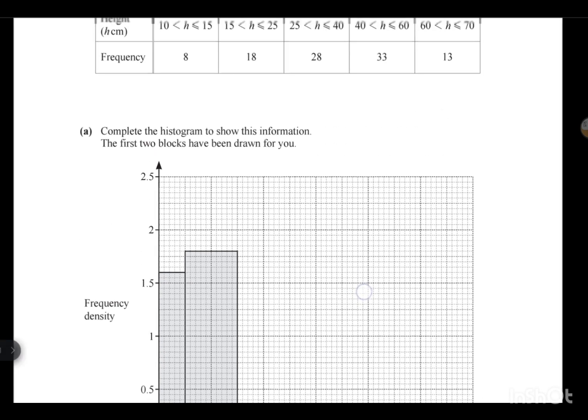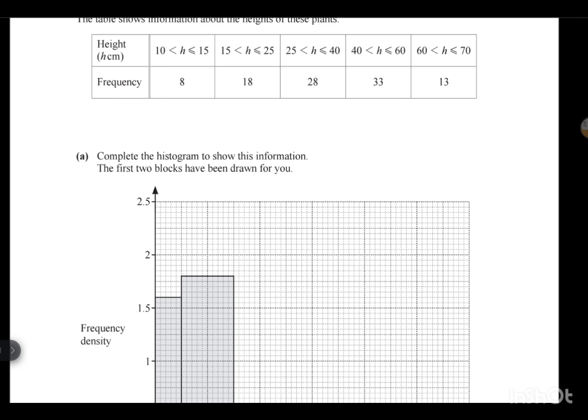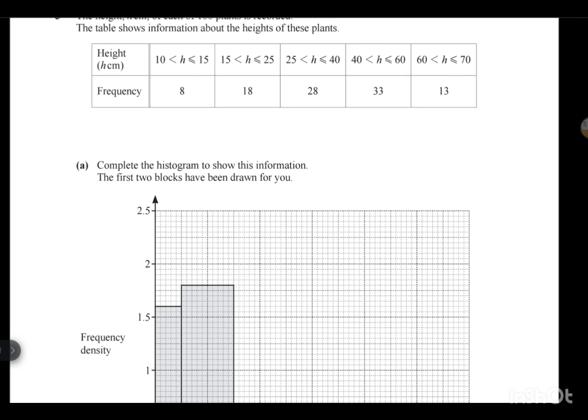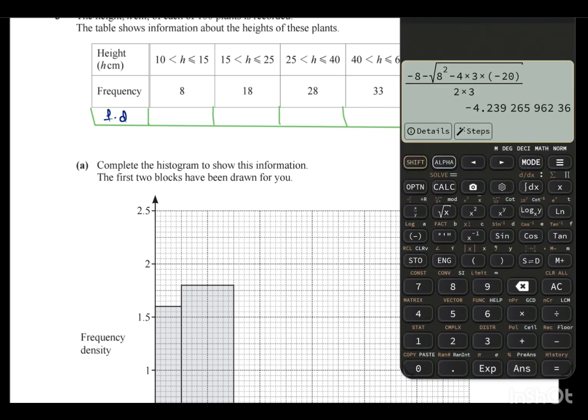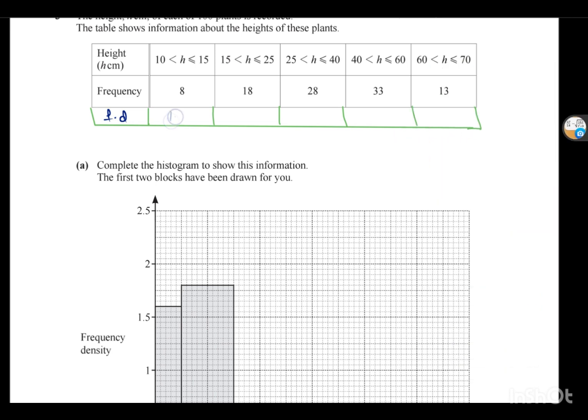For that, first of all, we need to find the frequency density. Let us draw one column here: frequency density. How to find frequency density? Frequency density is equal to frequency divided by the class size. So 8 divided by 5 is 1.6.